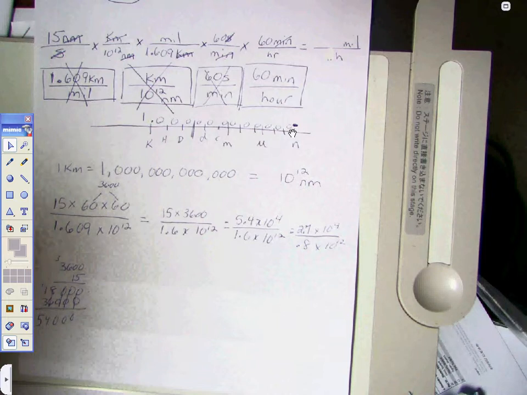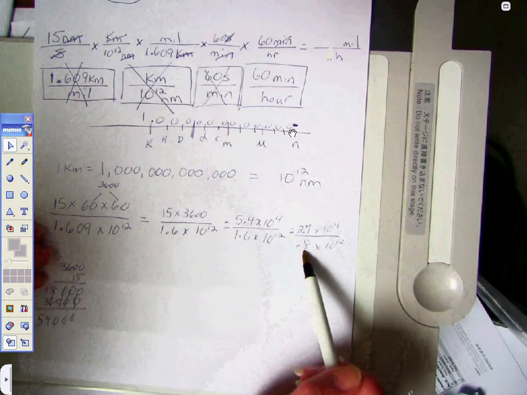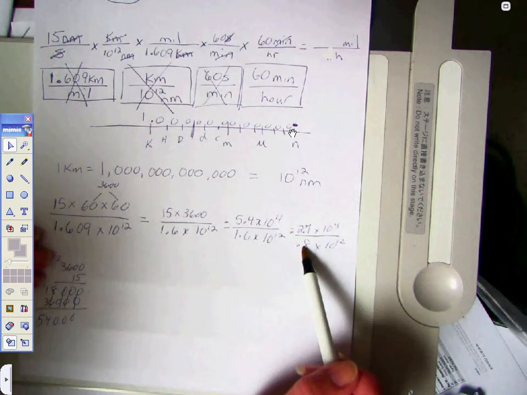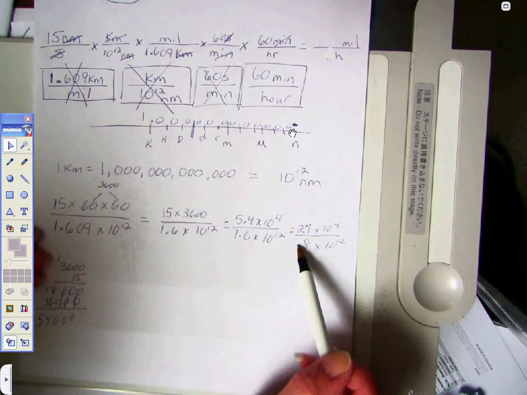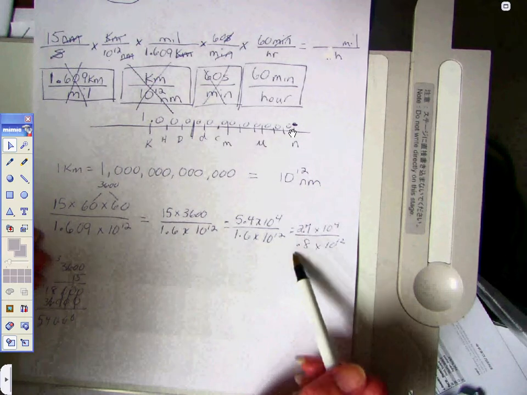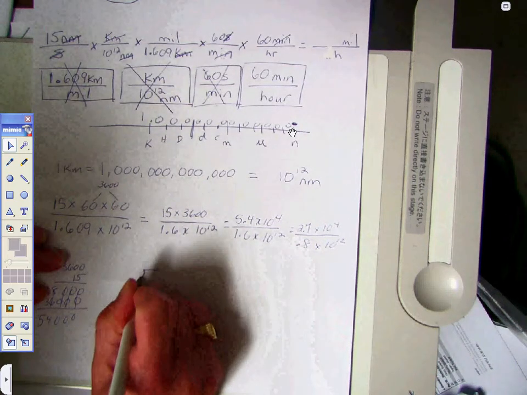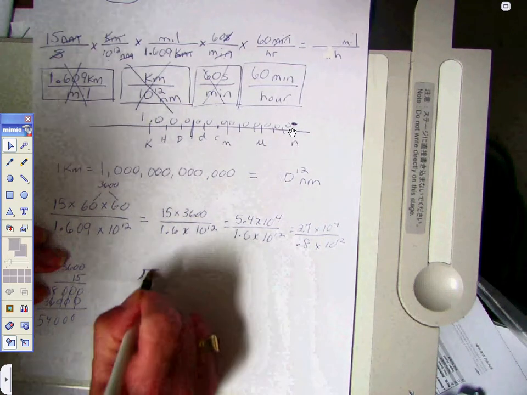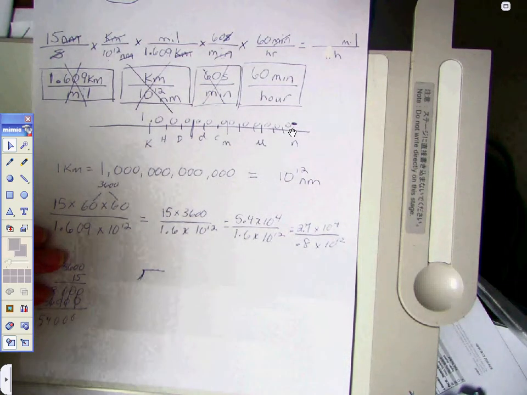So I know that if I divide these two numbers, it's going to be somewhere in that neighborhood between 3 and 4. But I've got this decimal here, so it's going to be in the neighborhood of between 30 and 40. So I've got this about as simple as I can get it without just going ahead and doing the math, unless I want to make an estimation.